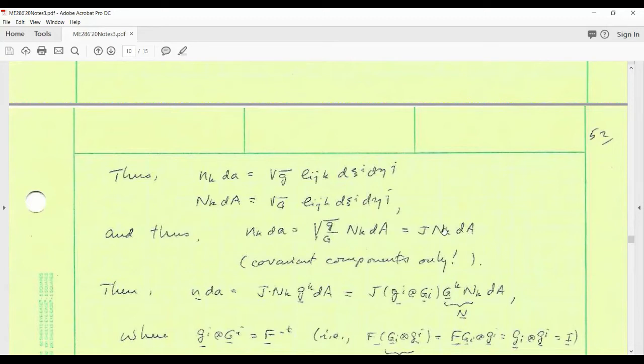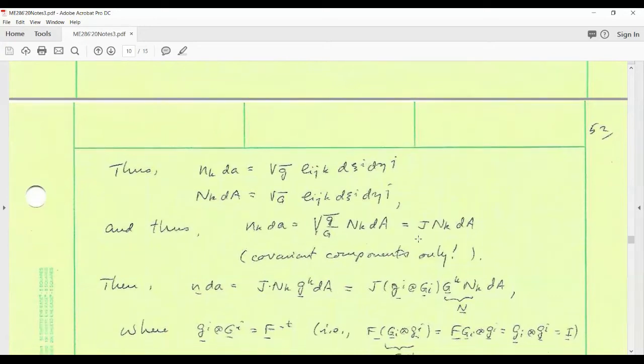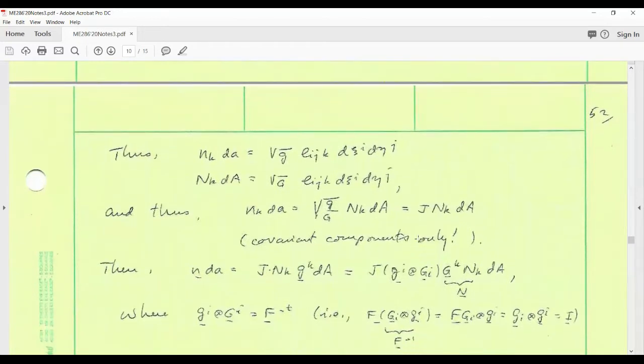But what's important to note is that this equation is only valid for covariant components of the two vectors with respect to the two different bases. To recover the vector expressions, we'd have to multiply through by the appropriate basis elements here. So to recover n from this, we multiply by small g super k. And then we invoke this equation.